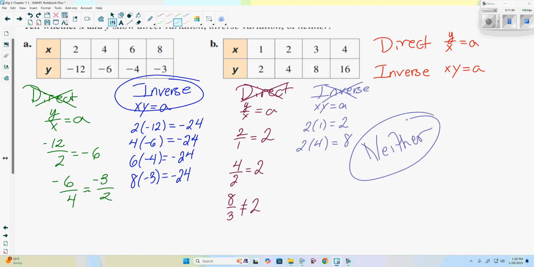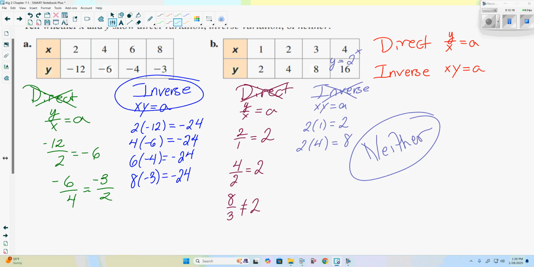Or, no, sorry, it's exponential. Because this one here should be y equals 2 to the x. Because 2 to the first power is 2, 2 squared is 4, 2 cubed is 8, and 2 to the fourth is 16. So it's an exponential function.